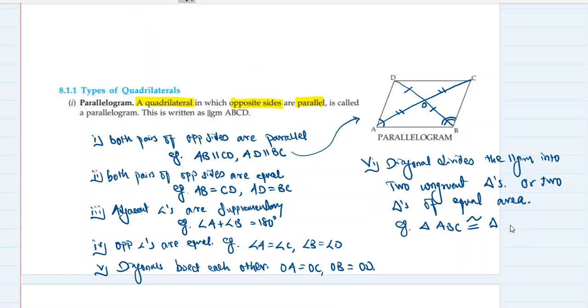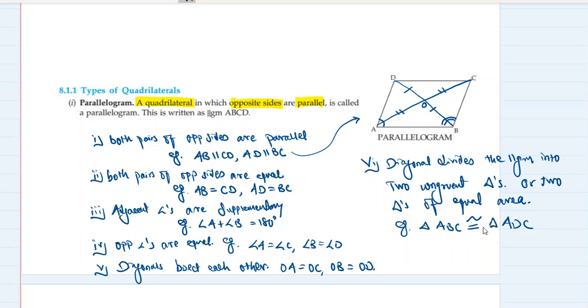ABC is congruent to ADC, right? So ABC and ADC are congruent. Even ABD and CBD are congruent. And if you notice carefully, these two congruent triangles also have equal area.